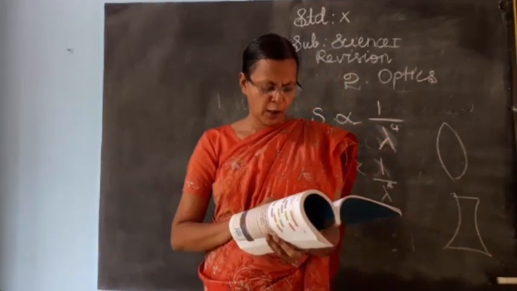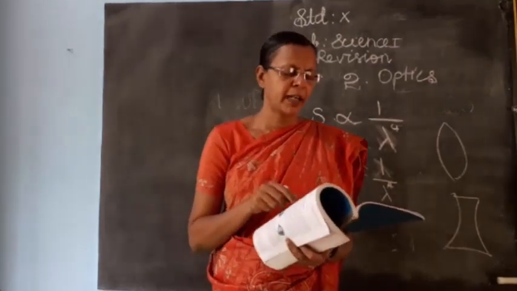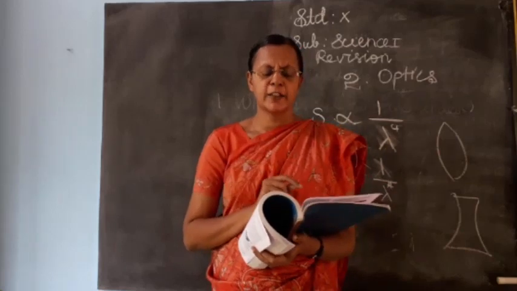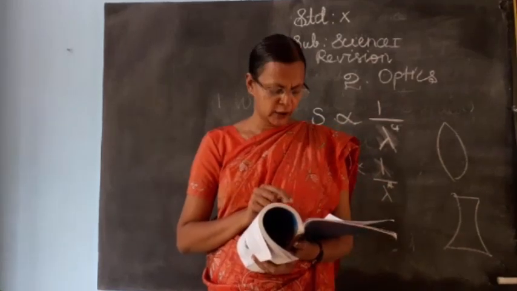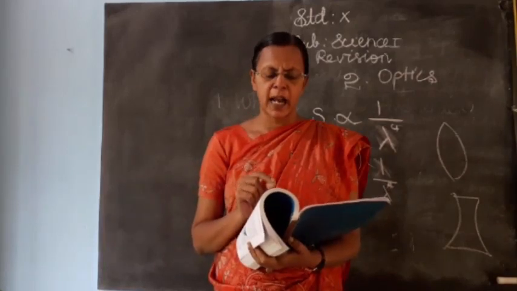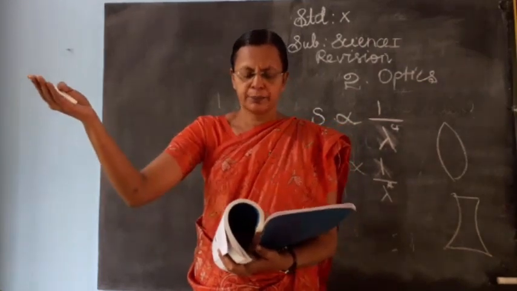What is power of accommodation of the eye? The answer is on page number 24, second column, second paragraph, first 3 lines, below power of accommodation. The ability of the eye lens to focus nearby as well as distant objects.